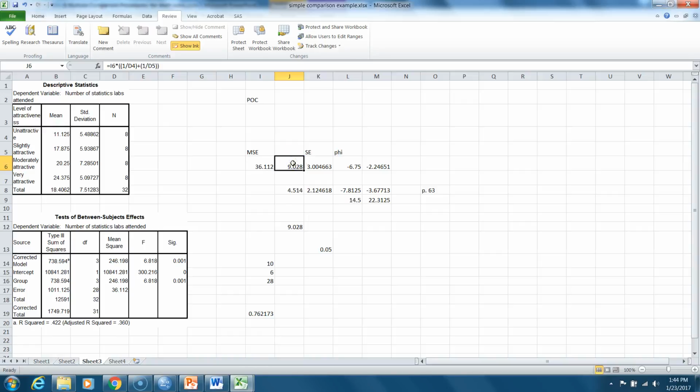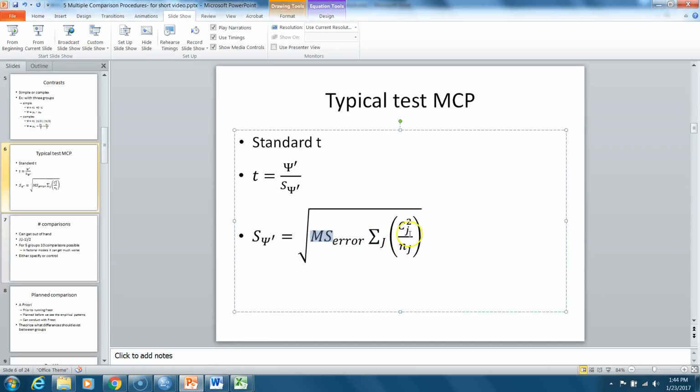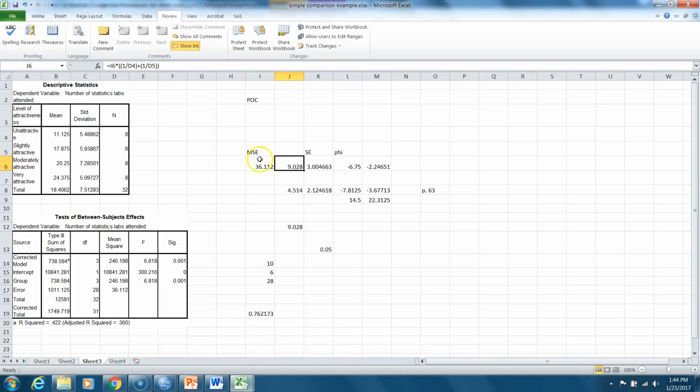Now that contrast code, I want to say, well, let's sum all of those codes divided by n. All that we're doing is taking the things we're interested in. In this case, we're interested in comparing 2 groups, both of them with a denominator of number of n in each group. So n is 8, n is 8. We're taking 1 divided by 8, adding those 2 things together, and we're going to multiply it by the mean squared error.